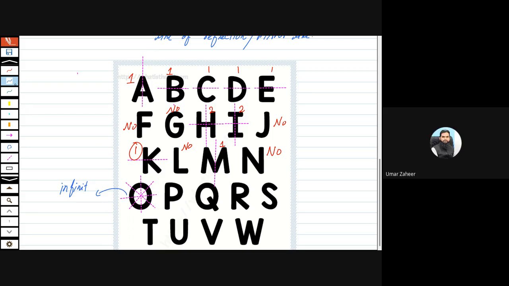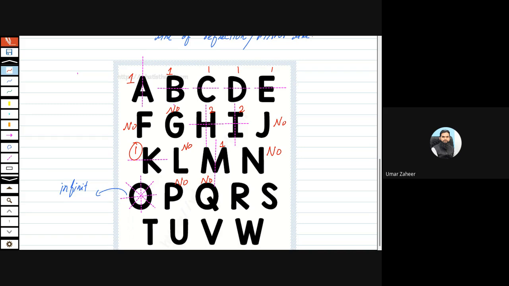Yes, how many lines of symmetry in Q? I don't think that there's a line of symmetry in Q. We don't have any line of symmetry in Q as well.